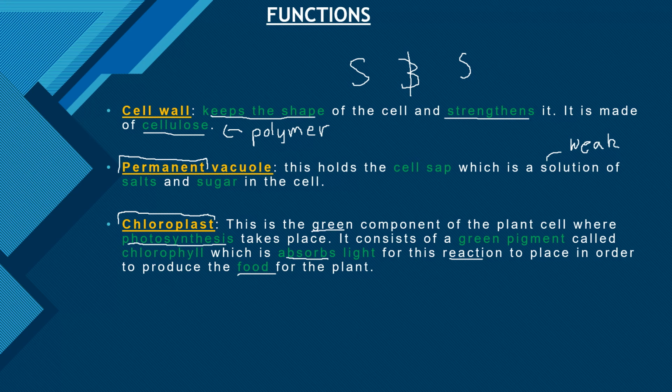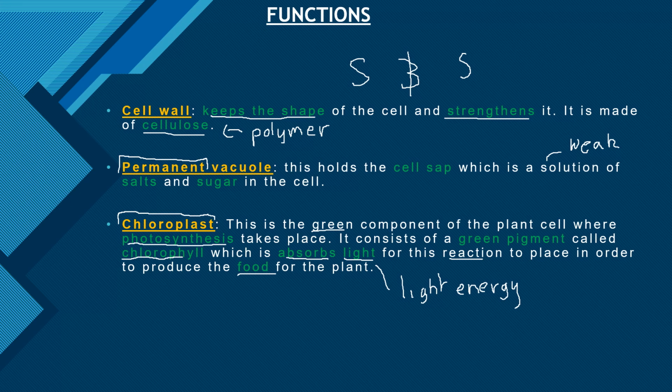Remember, that's what makes the plant green. And it consists of chlorophyll, which absorbs light. It takes in light energy to produce its food for the plants, which is how the plant grows. And we'll look at adaptations of the plant when looking at photosynthesis as well.